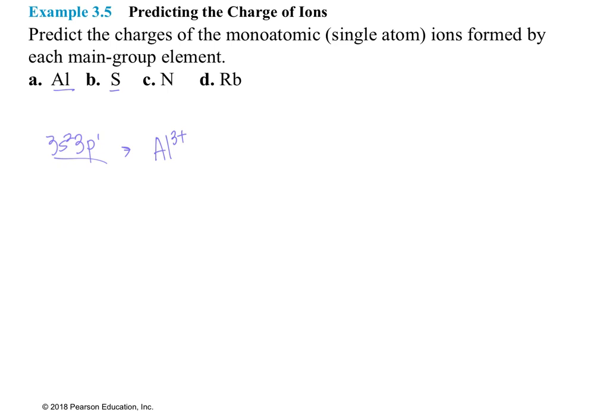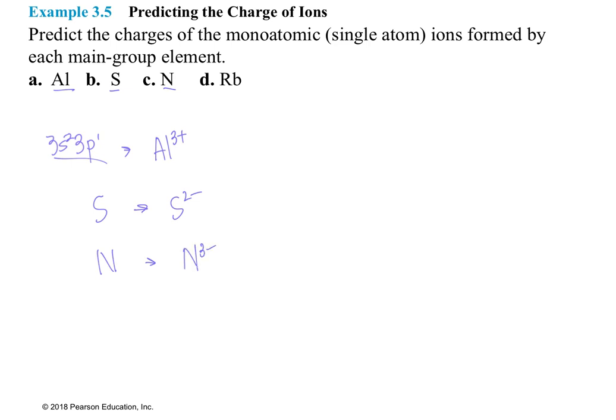If it hops over 2 to the right, it'll become like its closest noble gas, which is argon, and so sulfur will become S2-. Now nitrogen is also in the p block to the right above the metalloid, so it's going to form an anion, and if it jumps over 3 to the right, it'll become N3-.